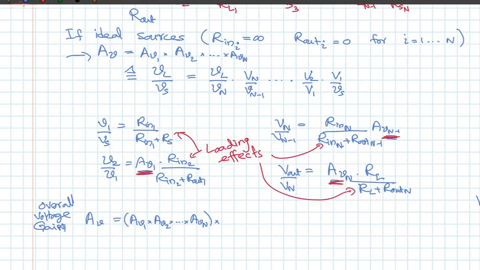The first one is the loading of the source, Rin1 over Rin1 plus Rs, times Rin2 over Rin2 plus Rout1, times up to Rin n over Rin n plus Rout n minus 1, times the last term, the loading of the actual load, RL over RL plus Rout n.